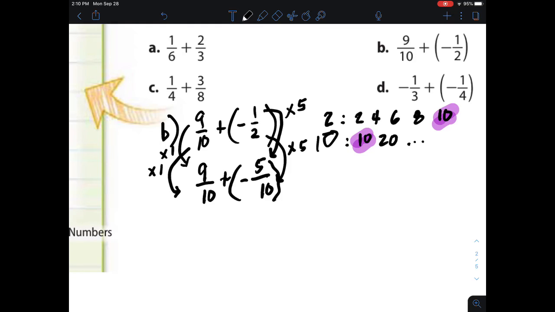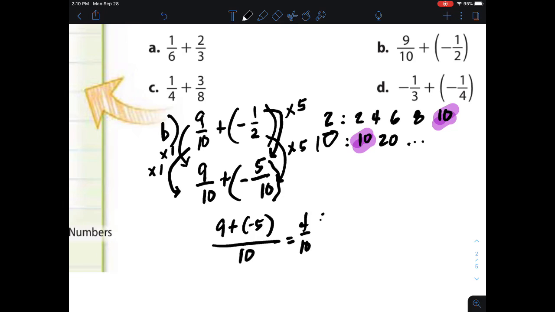Now I can add 9 plus negative 5 all over 10, because they have the same denominator. And we know that 9 plus negative 5 is equal to 4/10. Okay? And you have 4/10 now, and you simplify that.